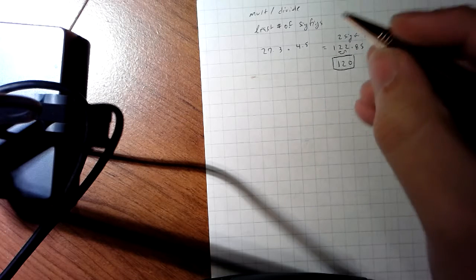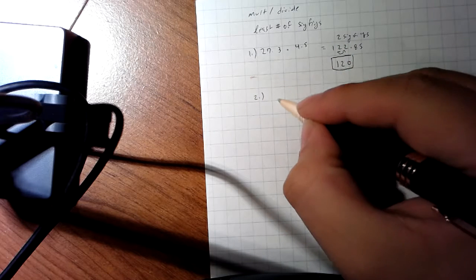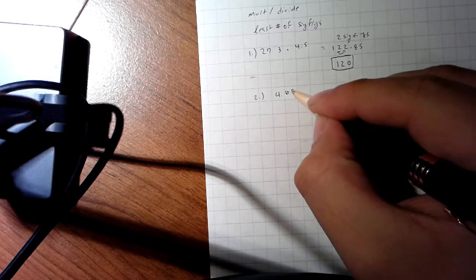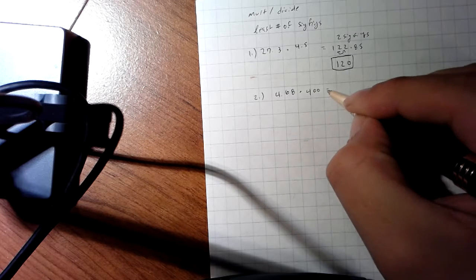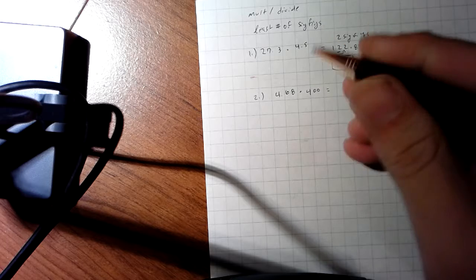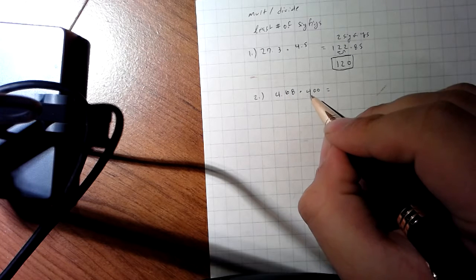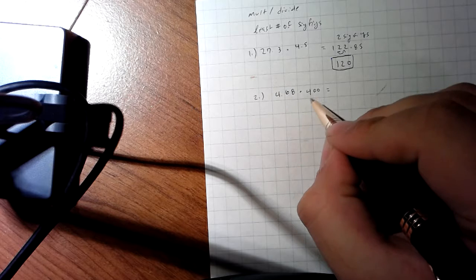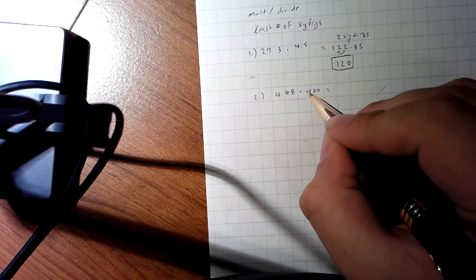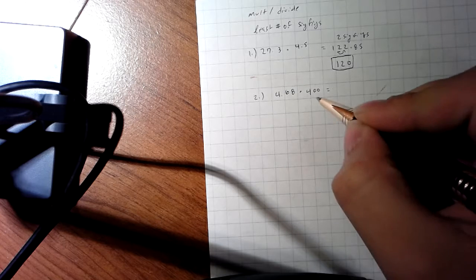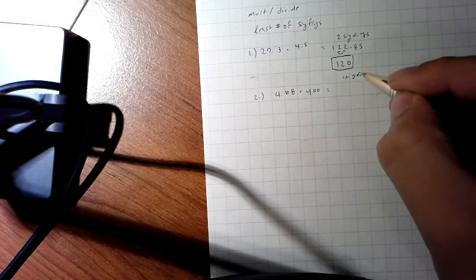And then number 2 is going to be 4.68 multiplied by 400. First let's determine sig figs. The number on the left has 3. The number on the right has only 1. There's no decimal here, so it's just the 4 that's significant. That means that our answer can only have 1 sig fig.